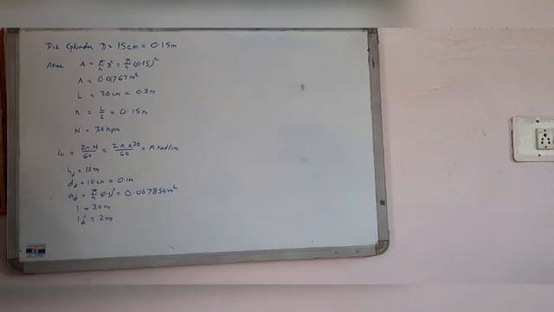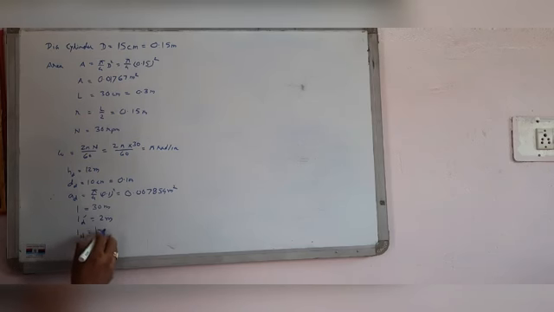Length of delivery pipe above air vessel LD is equal to L minus LD dash.